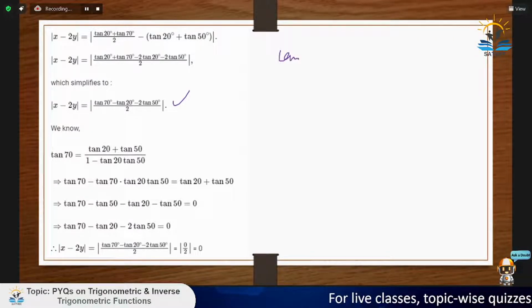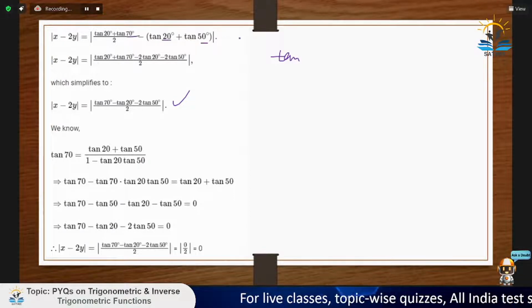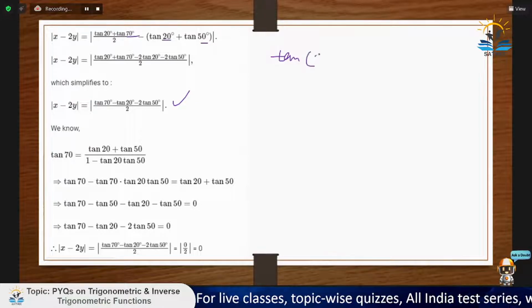Now I use the formula of tan a plus b here, because I can see that 20 plus 50 is equal to 70. So I can use tan of a plus b for 20 and 50.